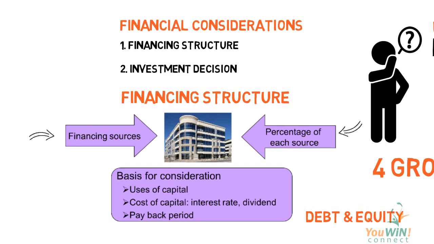In terms of percentages of each source, the higher the percentage of owner's capital, the higher the risk for the lenders. Therefore, banks generally fix a maximum lending rate of about 70% of the investment costs.